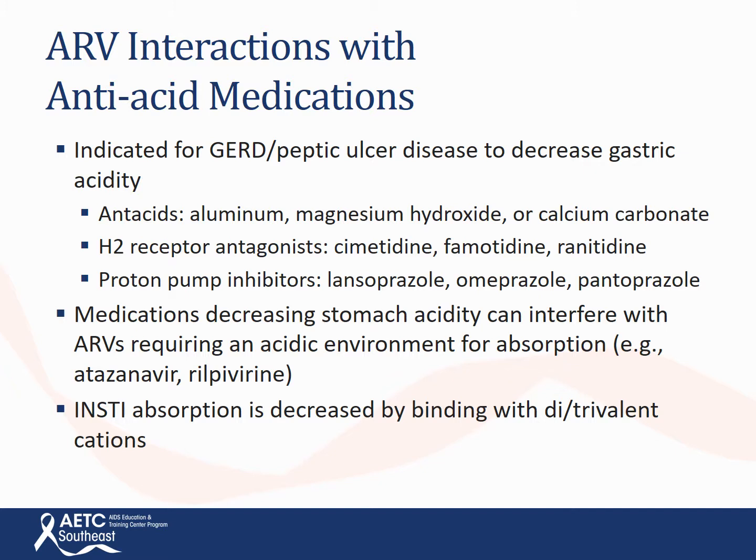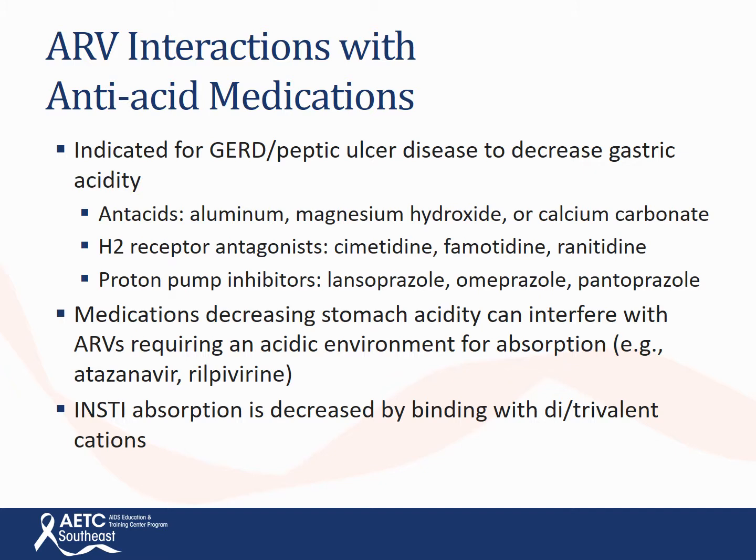But the thing is, the integrase inhibitors work by binding to a pocket on the viral integrase enzyme that carries a positive charge. And if you remember back to your chemistry class in high school, aluminum, magnesium, and calcium all are positively charged ions.